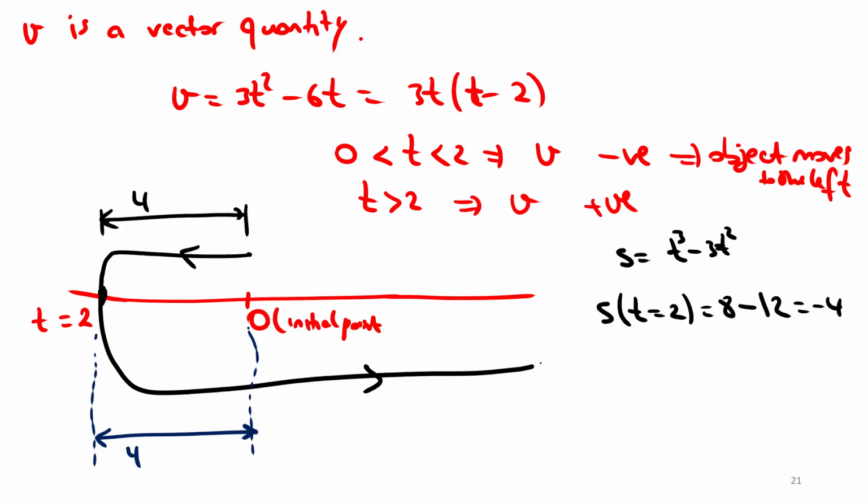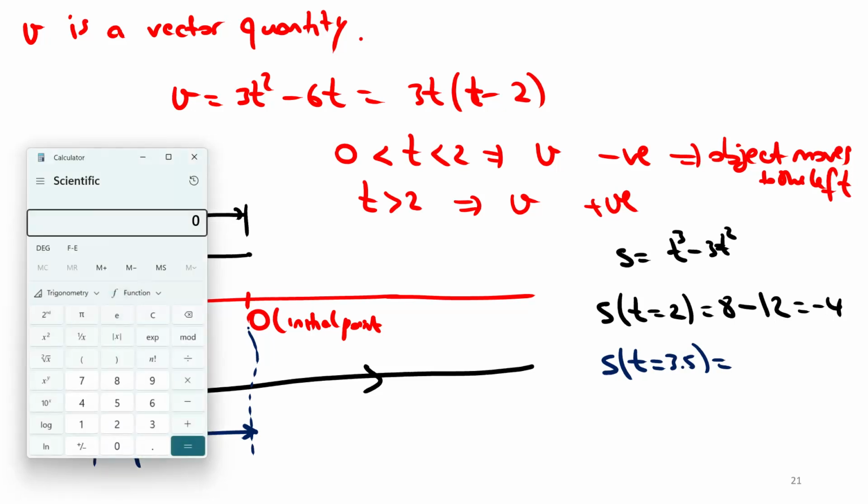And then we can find how much it traveled, the s, at t equals 3.5. Let me just show you.